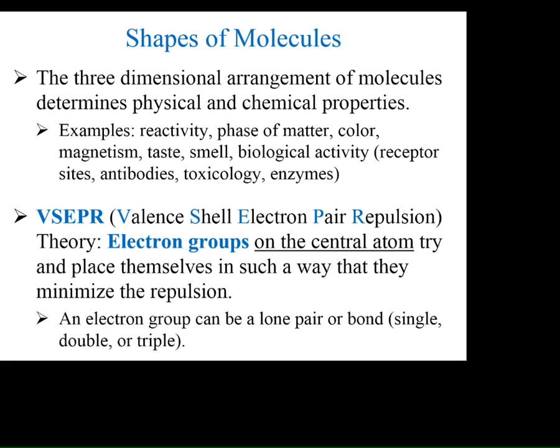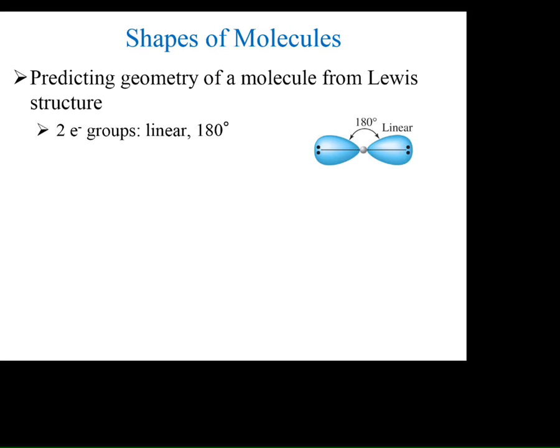So let's say, for example, you have an atom in a molecule with a double bond. Even though it's 2 pairs, they're grouped together as 4 electrons in that double bond. So it's not 2 groups. Okay, so I'll show you real quick. Let's say you have 2 things in your hand and they're both negative.